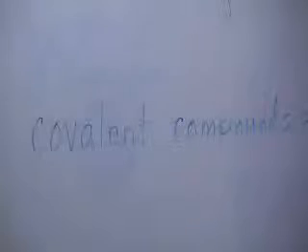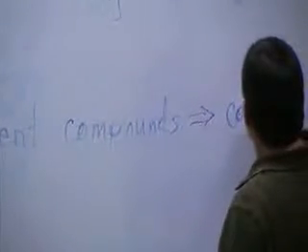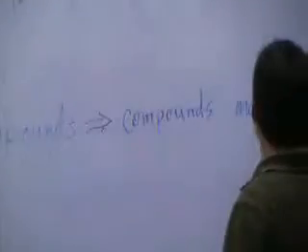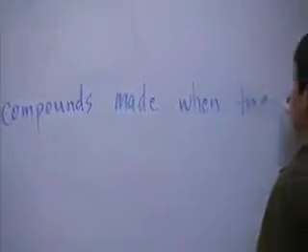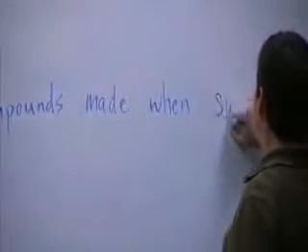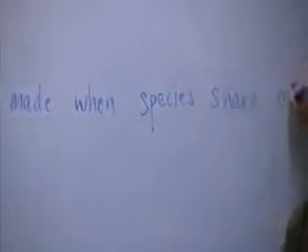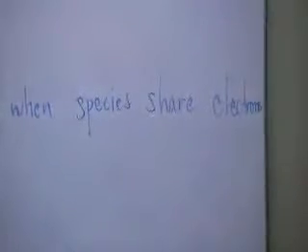Covalent compounds are compounds made when species share electrons.